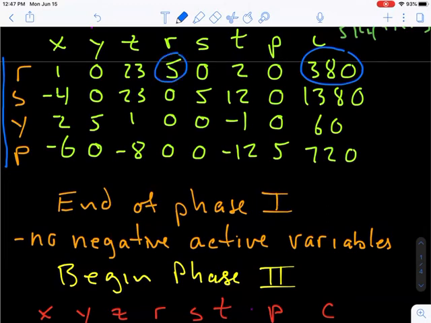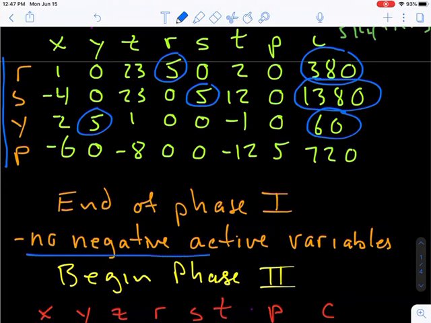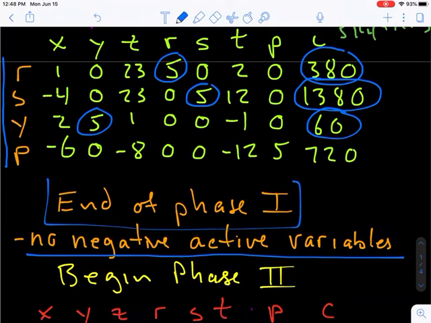Well, that's going to be a positive number. S is 1380 divided by 5. That's a positive number. Y is going to be 60 divided by 5. That's a positive number. So they're all positive. There are no negative active variables. So we are done with phase 1, and we can now begin phase 2.